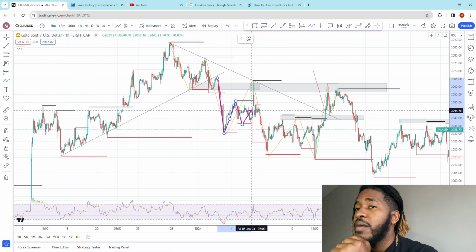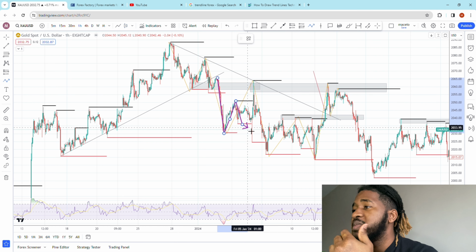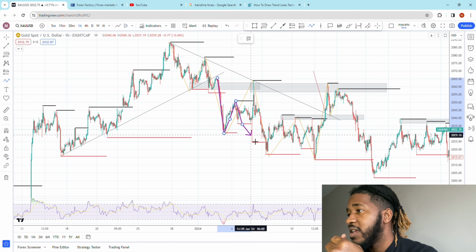It showed that price wants to go lower. So that's what we have to understand about wicks as well, and what wicks mean. It means that price wants to go lower, that there were a lot of sellers trying to take over in the market, but the buyers still were in control. All this could be considered some kind of heavy news, which I think could have been probably NFP or something that says January 5th. So yeah, this could have been NFP.